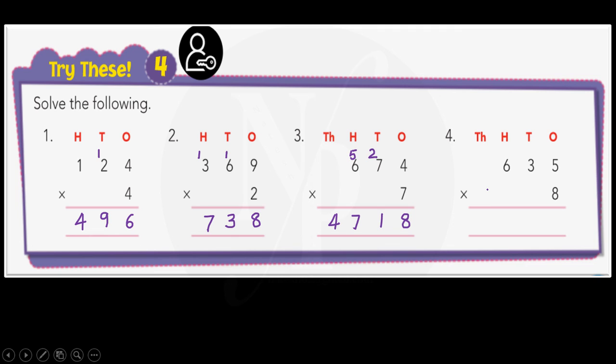Coming to question number 4, here we have 635 into 8. So we have to multiply digits at ones place first. That is 5 ones into 8 is 40 ones. So 40 ones are regrouped as 4 tens and 0 ones. We carry forward 4 tens to the tens column and we write 0 in ones column.